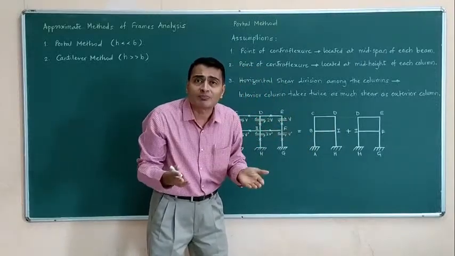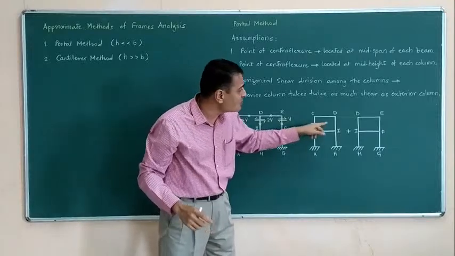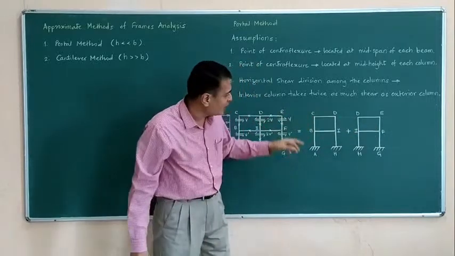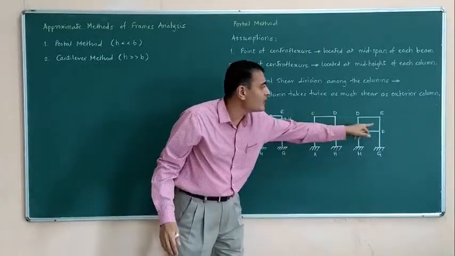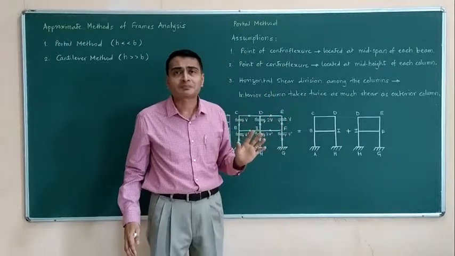That is an assumption, that is an imagination. So if such is the case, this is V, this is V, this is V, this is V. When I combine, it becomes V, 2V and V.